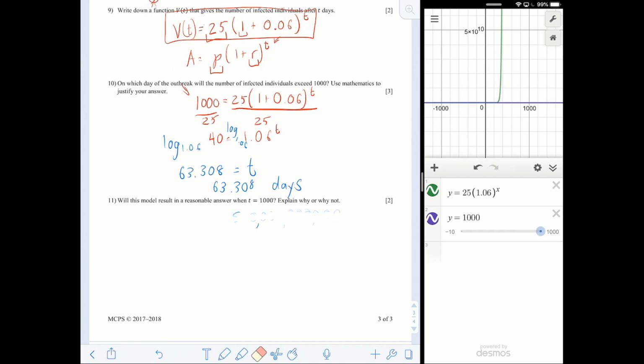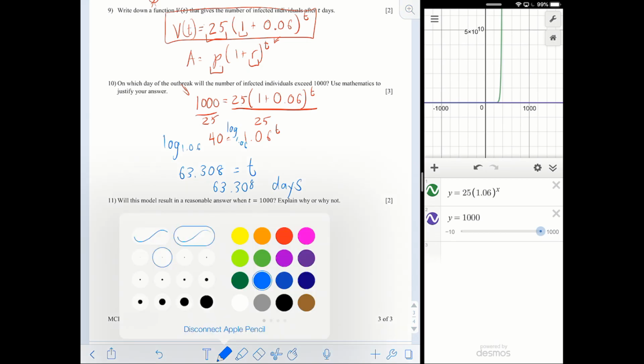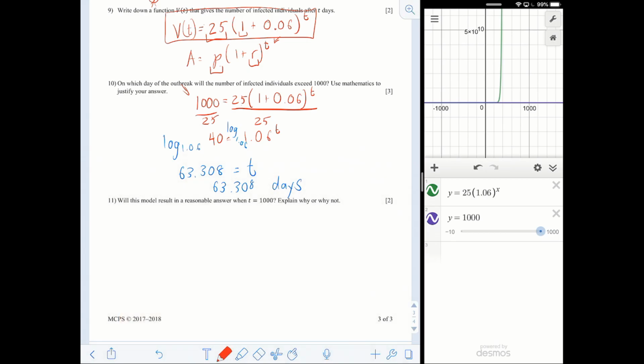No. Even if we were to exceed that even further, because it increases by 6% each time, the value extends to be way too much to even be the number of people in Maryland, hence even the number of people in the United States. So no, not a reasonable amount.